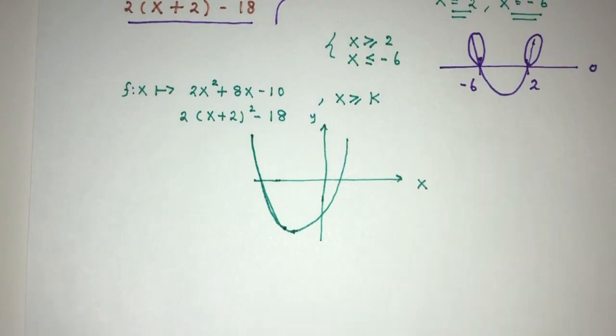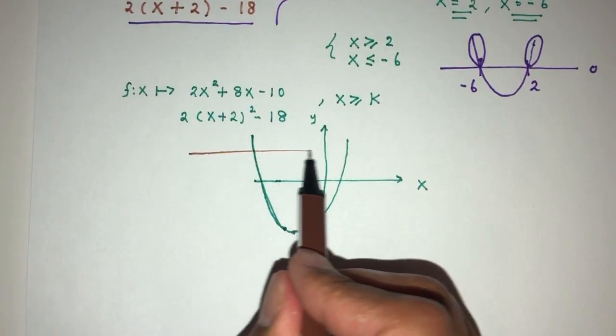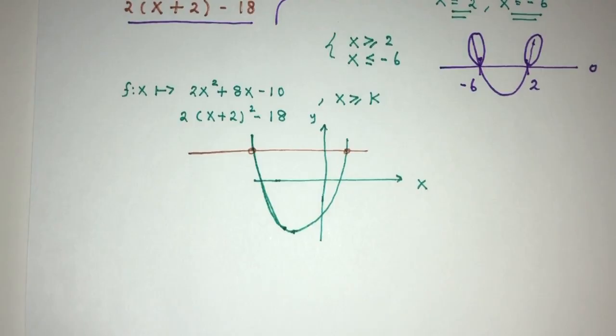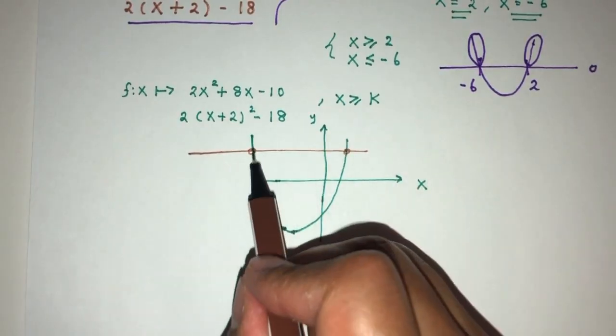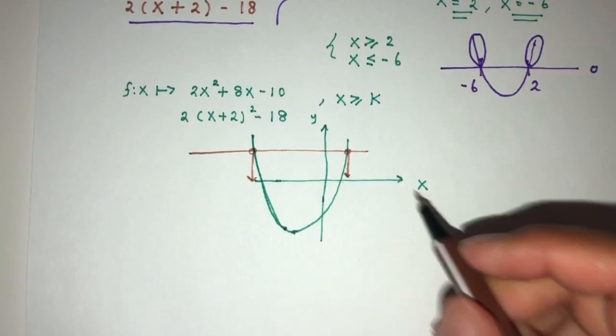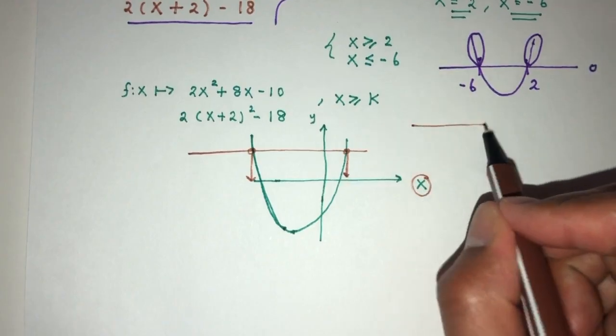Now, right now it is not a one-to-one function, because if you were to draw a horizontal line, you get one value and two values. So it is a 1 to 2 function. For one line, you get 2 values. That makes sense. And we are trying to find the value of x for which we can define the function such that for one line drawn, we have only one value.